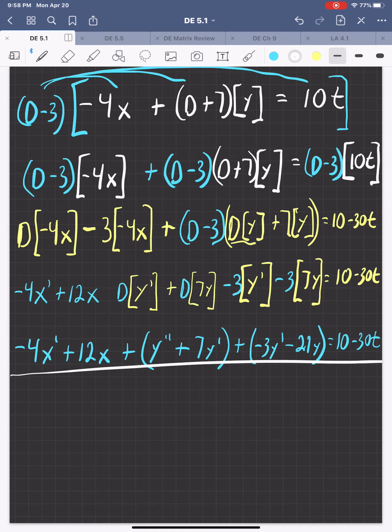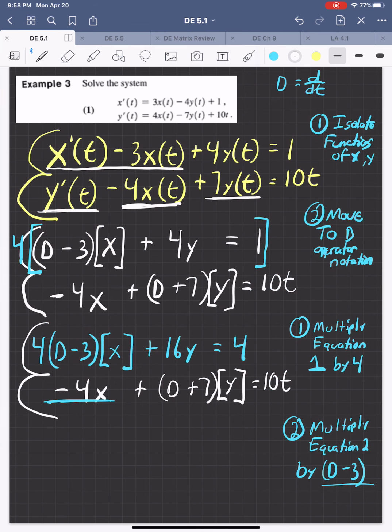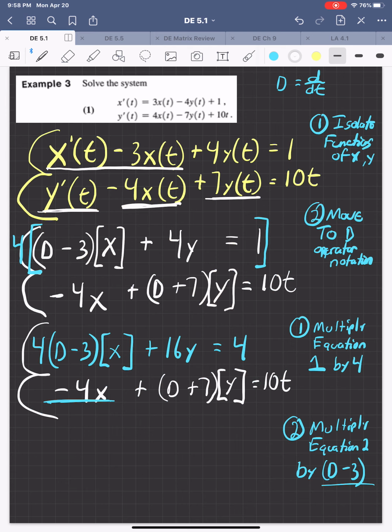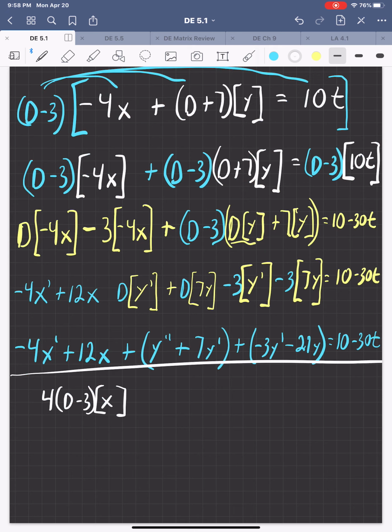Okay, after we distributed that 4. So let's go ahead and grab that. So that would be 4d minus 3x, and that would be plus 16y is equal to 4.